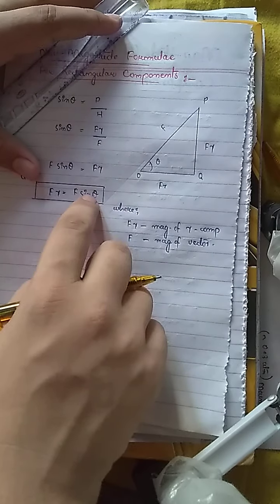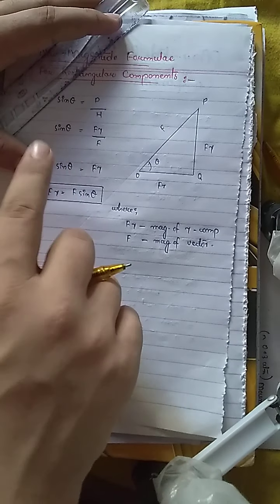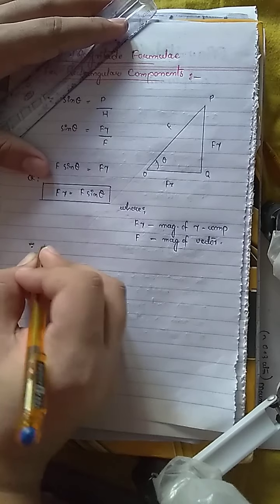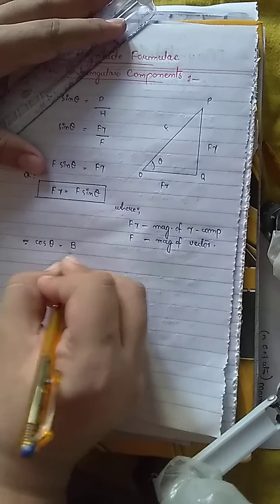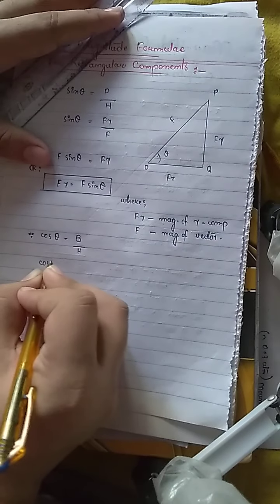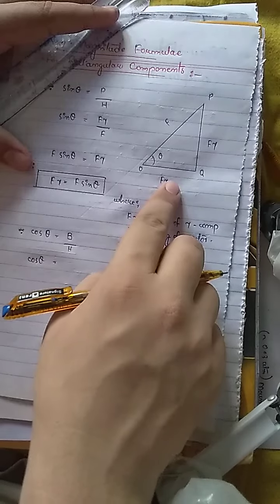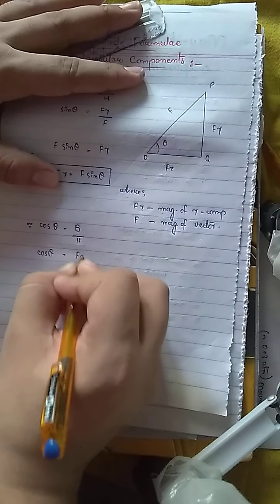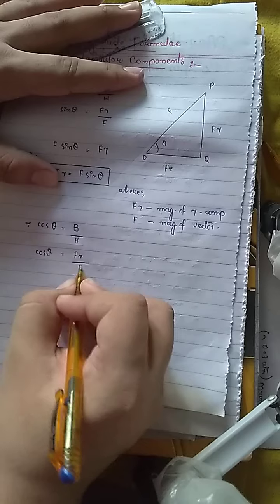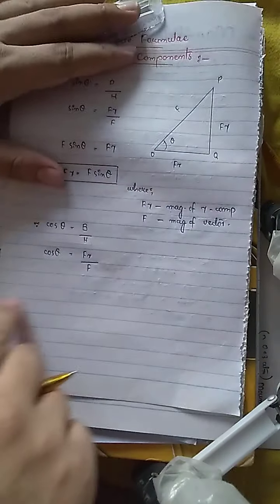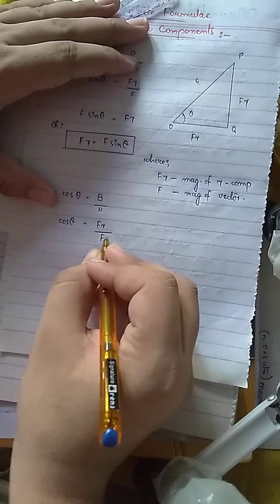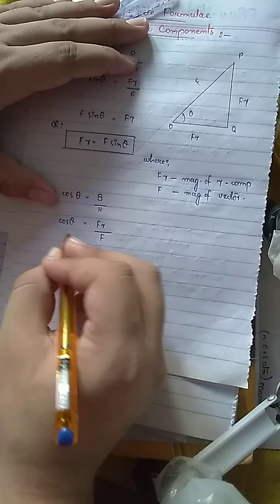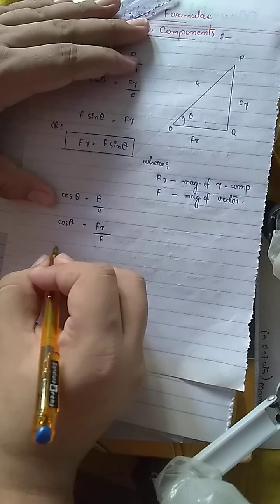Now we are going to apply the relation of cos theta on this triangle, since we know that cos theta is equals to base upon hypotenuse. So cos theta is equals to, in this case, the magnitude of base is Fx and the magnitude of hypotenuse is F. So the expression becomes cos theta is equals to Fx upon F. F is dividing on this side, when we shift the F to the left hand side of the equation, it will multiply with cos theta.